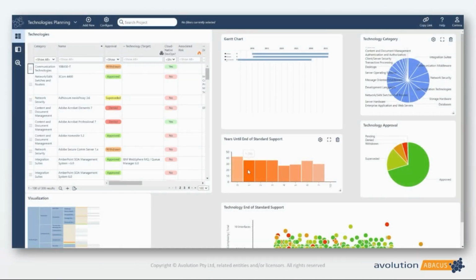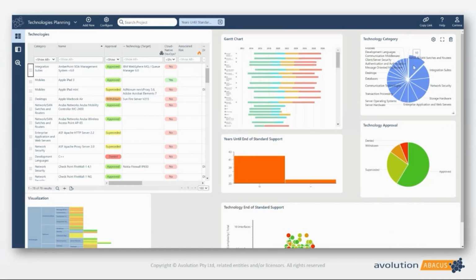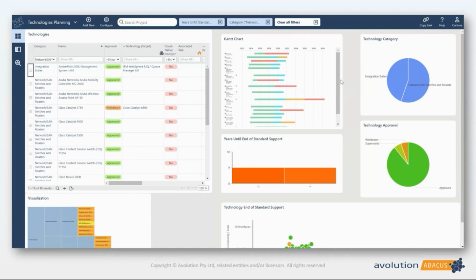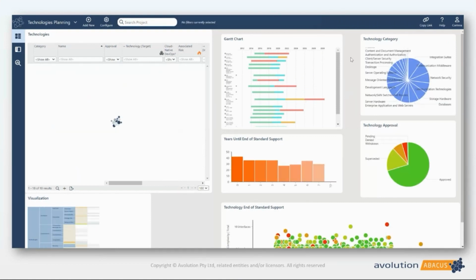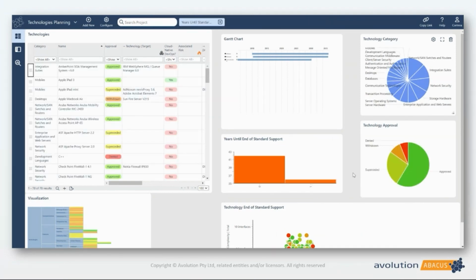Choosing which formats should also consider how users will be interacting with the reports. For example, the view in this technology portfolio dashboard makes filtering to the right information really easy. And so the dashboard functions well as a self-service reporting tool.